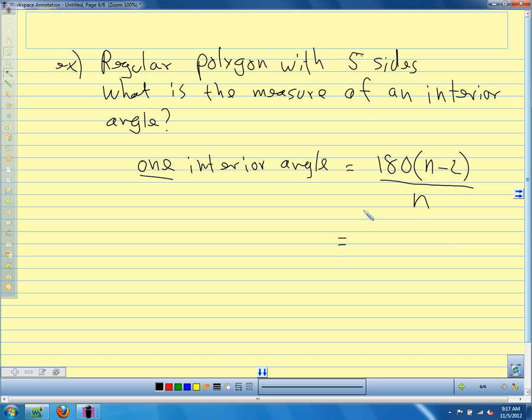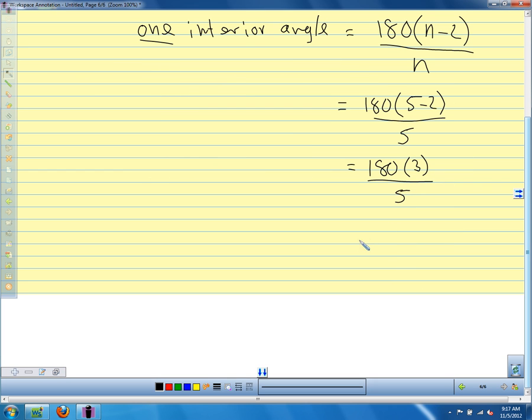So we're just going to plug in our numbers. 180 times 5 minus 2, divided by 5. So we get 180 times 3 divided by 5. 180 times 3 is, we already figured that out, 540, divided by 5.